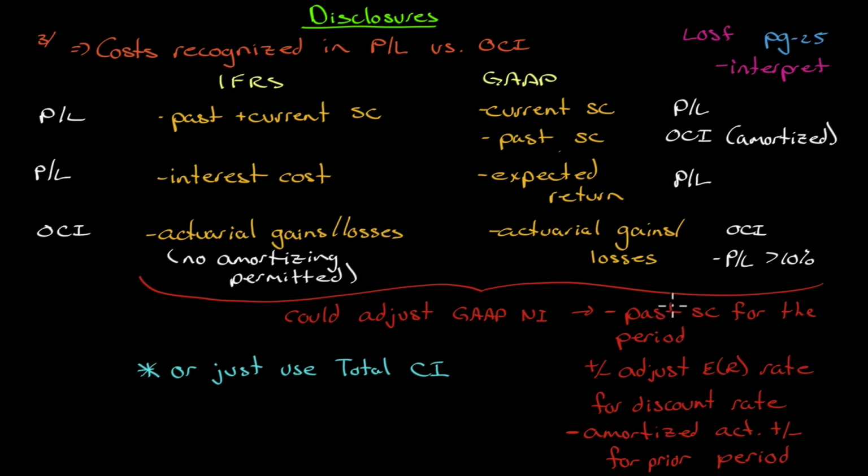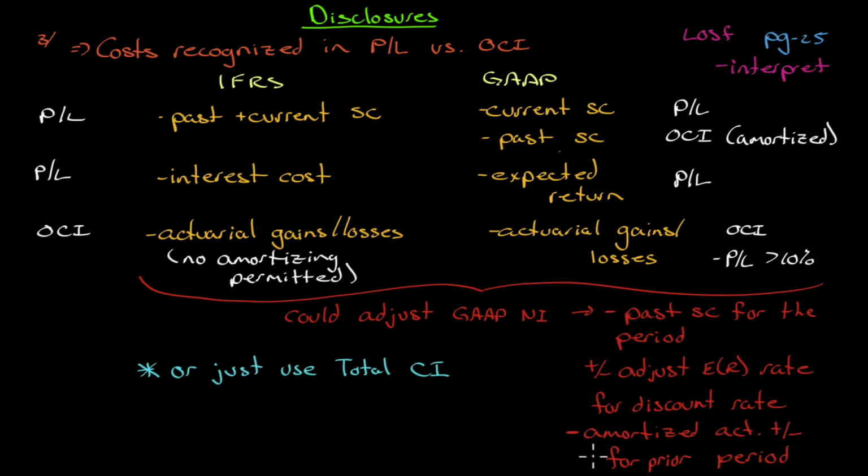So let's say that during the course of the year there were past service costs of 1,000 that went straight to OCI. IFRS would have sent it to expenses, thus lowering net income. So you can do that, and you can lower GAAP net income by any past service charge for the period. And let's just jump all the way down to this last line before we look at the middle.